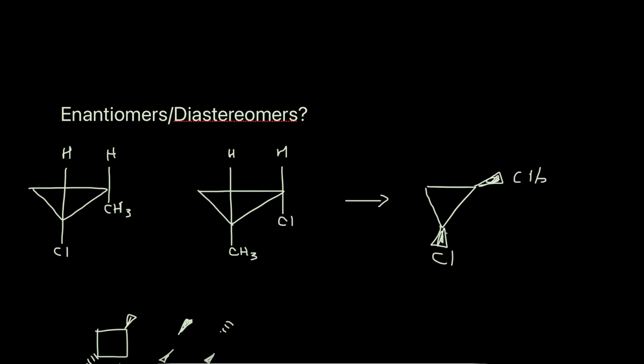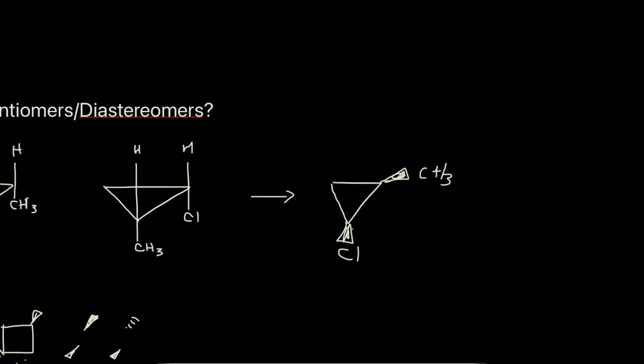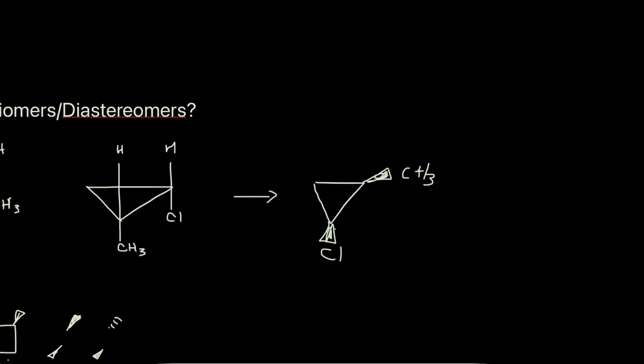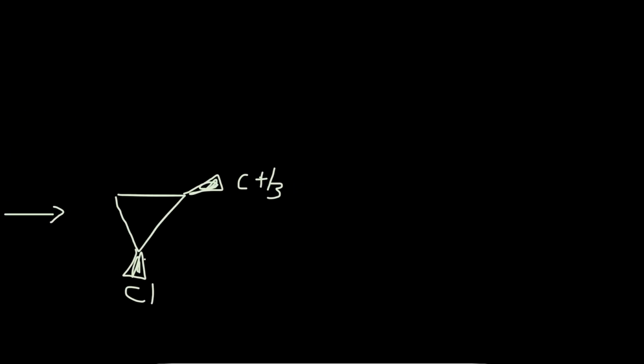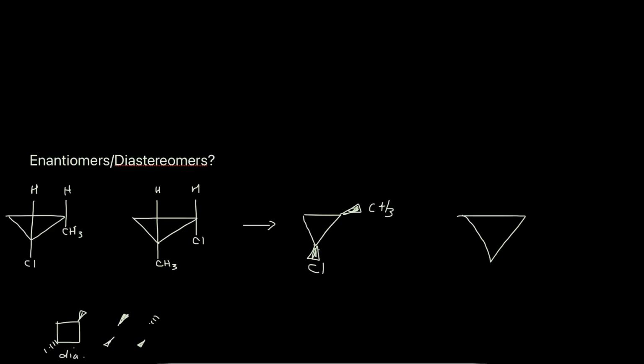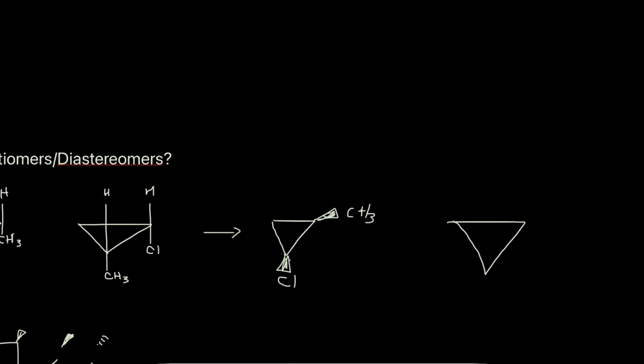If you put it on a dash, you're going to have to think backwards when you start assigning priorities. And I like to just not write out the hydrogen here because it's already implied. If I write out hydrogen, it makes the picture more cluttered, and it just makes the priority stuff a bit more complex and unnecessary work.